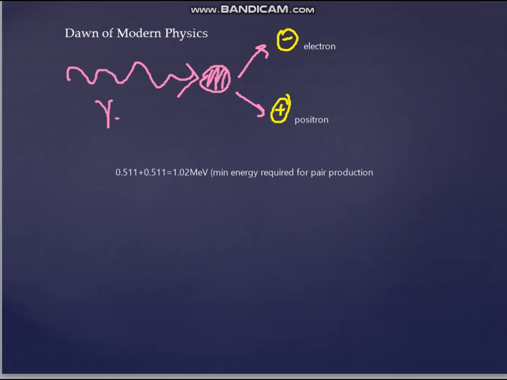If the energy given is more than 1.02 mega electron volt, then this extra energy will be converted to kinetic energy.